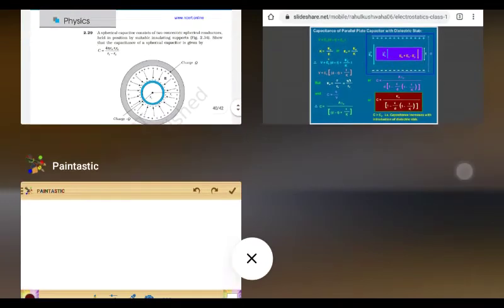We have to go to our board. It is a derivation in the textbook. The outer radius is R1 and the inner radius is R2.